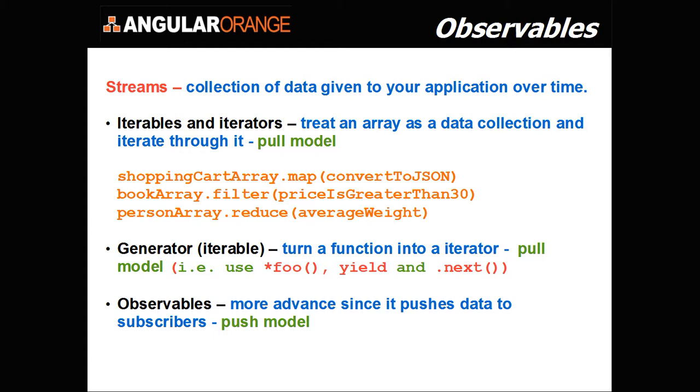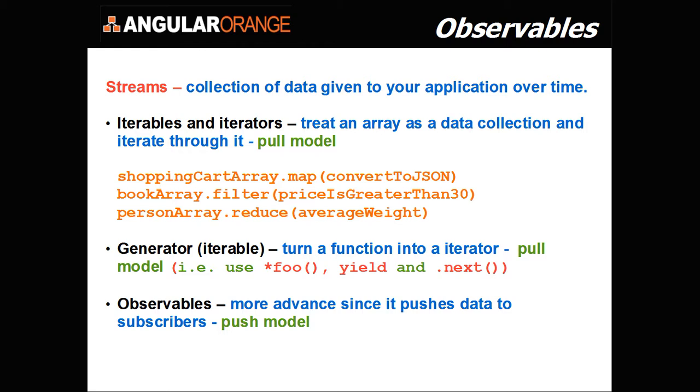If you have a book array, you could filter and determine if the price is greater than 30, you could grab those elements. If you have a person array, you could reduce by saying, give me the average weight of the people in the array. So there are different methods you can operate on arrays.